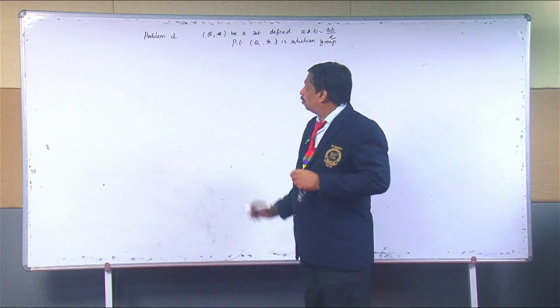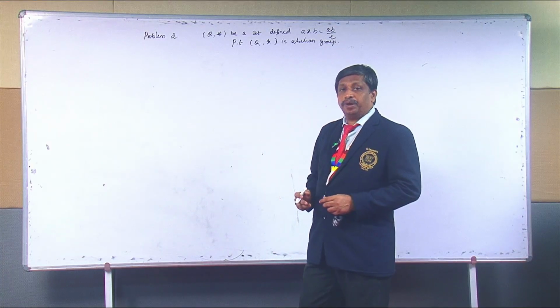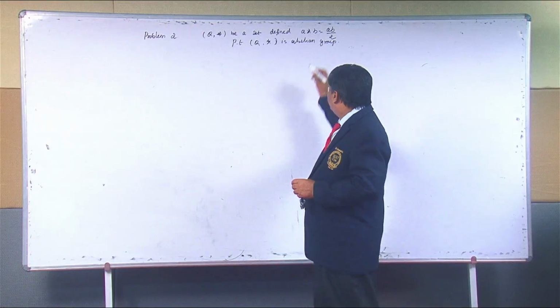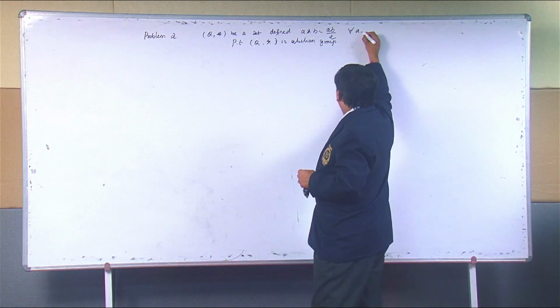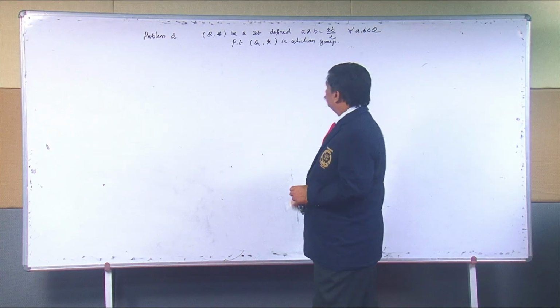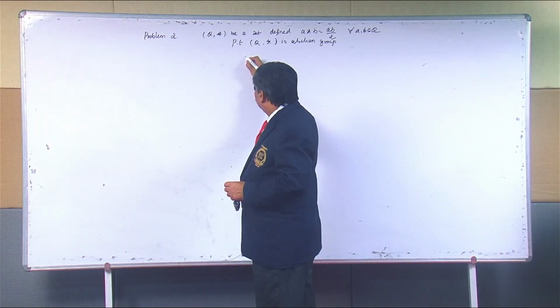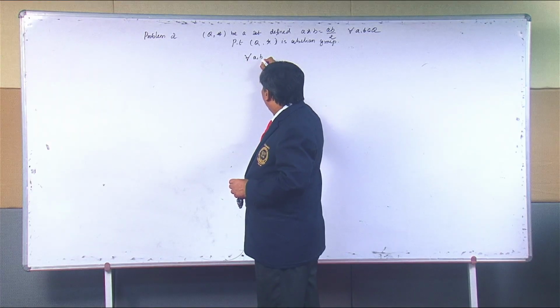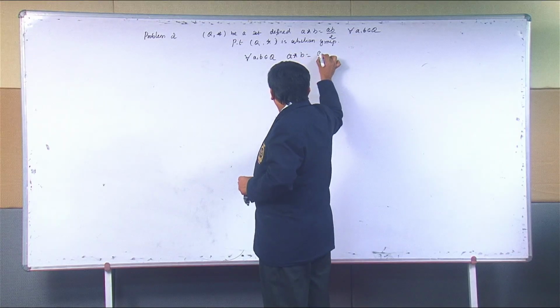Now we come to the definition. Here it's not a normal multiplication, it's a different multiplication defined by a star b equal to ab by 2 for all a, b belonging to Q.